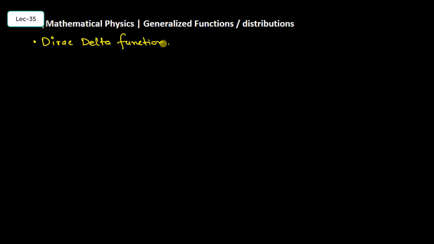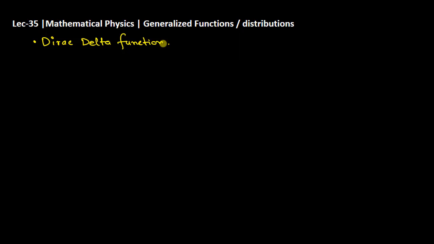The first is the other mathematical representations of a delta function, other than its definition. We will look at some particular functions and limits, like the box function, Gaussian function, Lorentzians, and some others also.